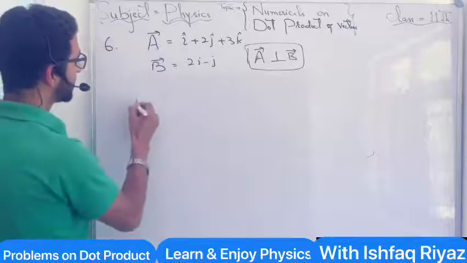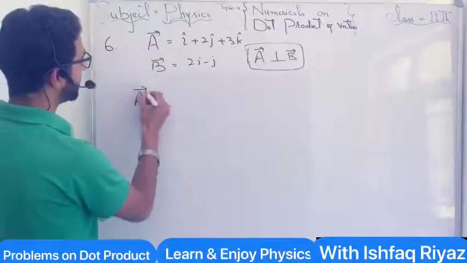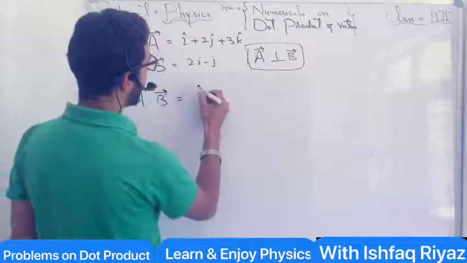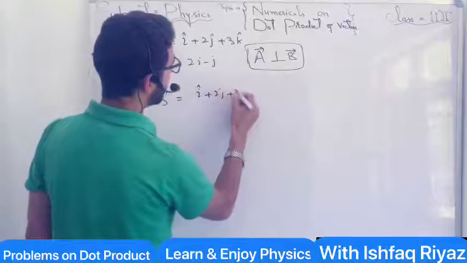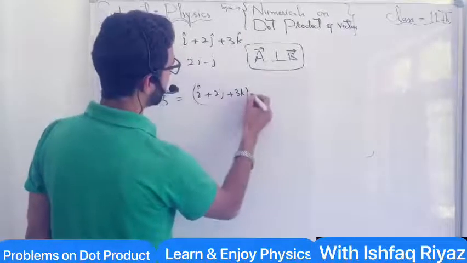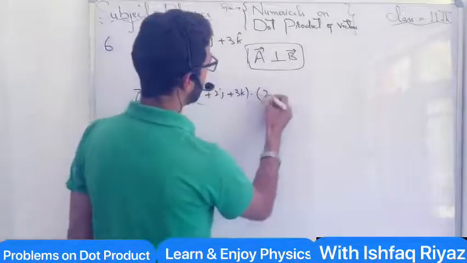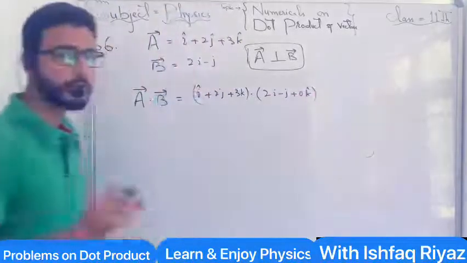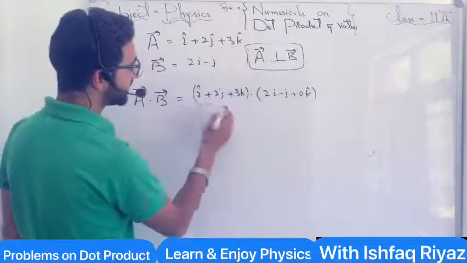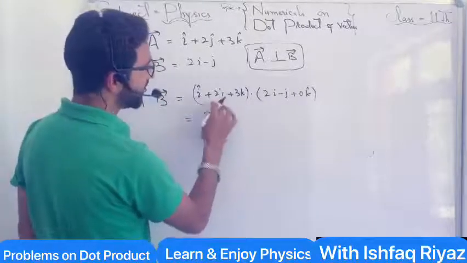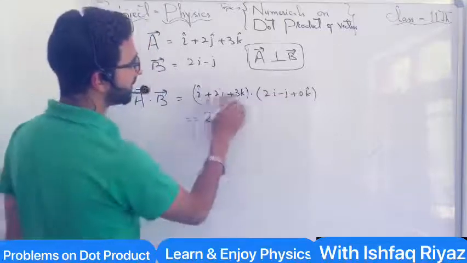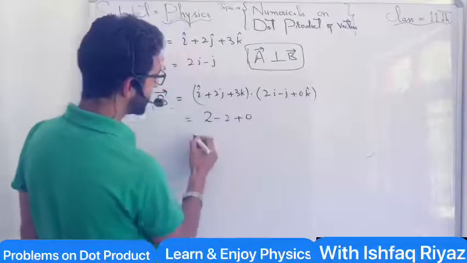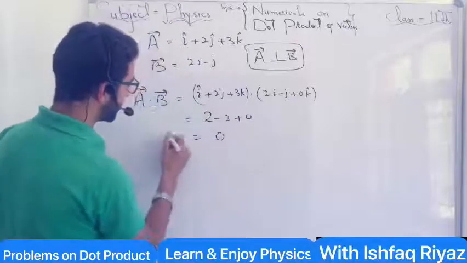So this is A dot B. This will be given by i plus 2j plus 3k, dot 2i minus j, let me write 0k here, right? This is i dot i, that is equal to 1, 2 into 1 is 2, plus j dot j, that is equal to 1, but plus minus is minus 2, 3 into 0, that is equal to 0. So 2 minus 2, it is equal to 0.